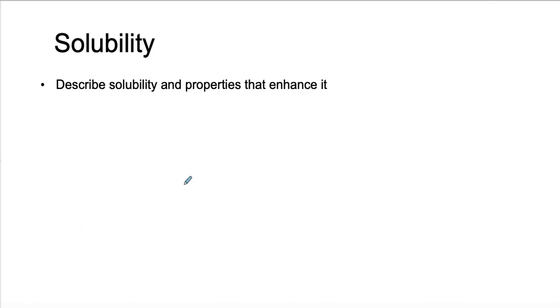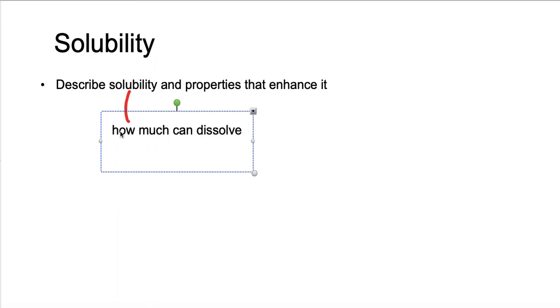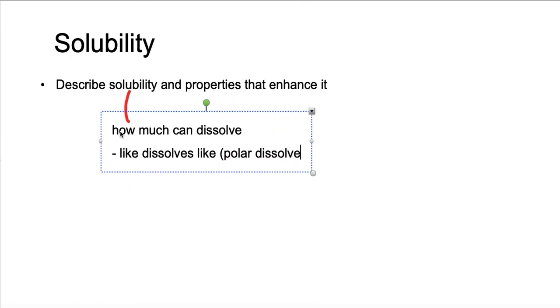All right, solubility, describe solubility. Solubility is how much can dissolve. And it depends on the properties. So you need to, like dissolves like. And we know that polar dissolves polar, like water dissolves sugar.